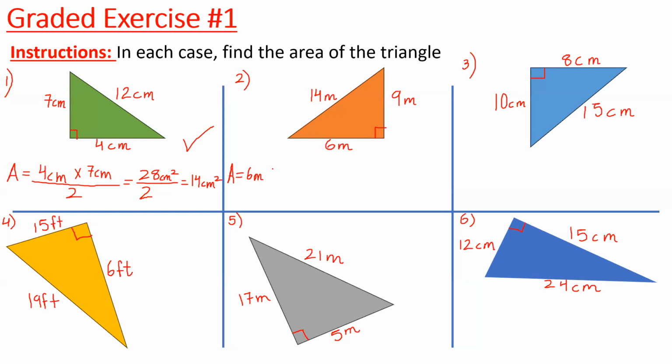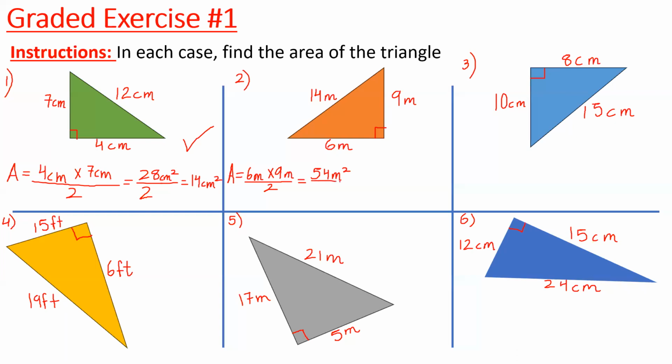So 6 meters multiplied by 9 meters, all divided by what? 2. What is 6 times 9? 54, very good. 54 meters squared.